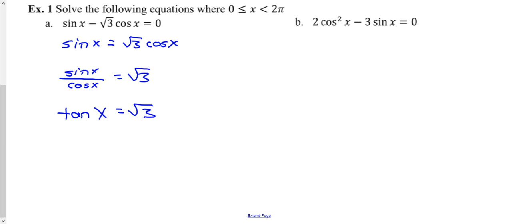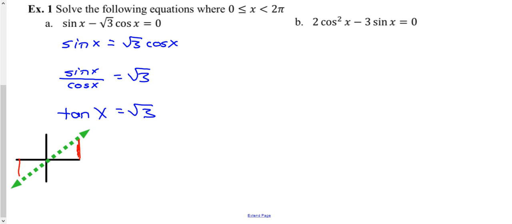So if you did a quick sketch here, we're trying to find two quadrants where tangent is positive because we're positive root 3. Our two quadrants, of course, are going to be quadrant 1 and quadrant 3. And of course, I can draw a triangle straight down there.